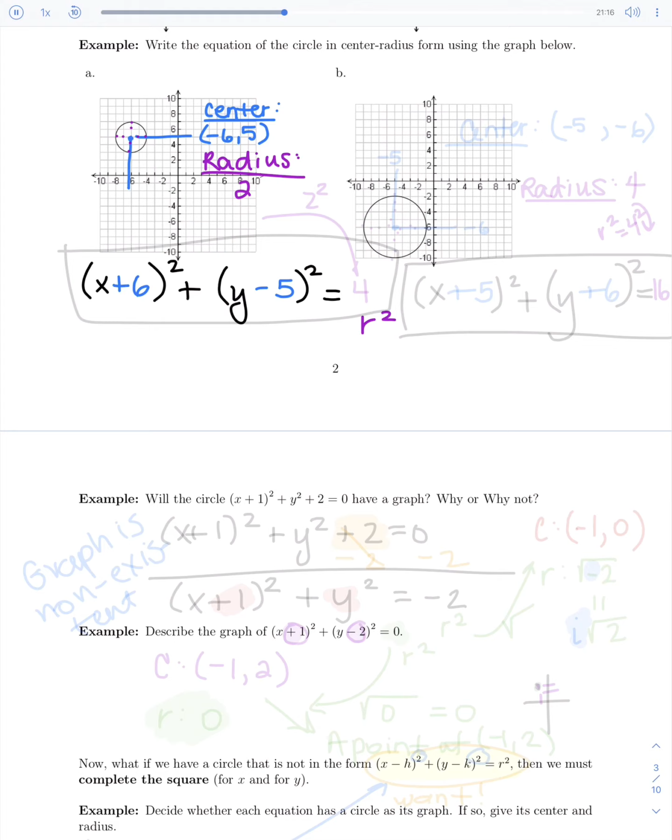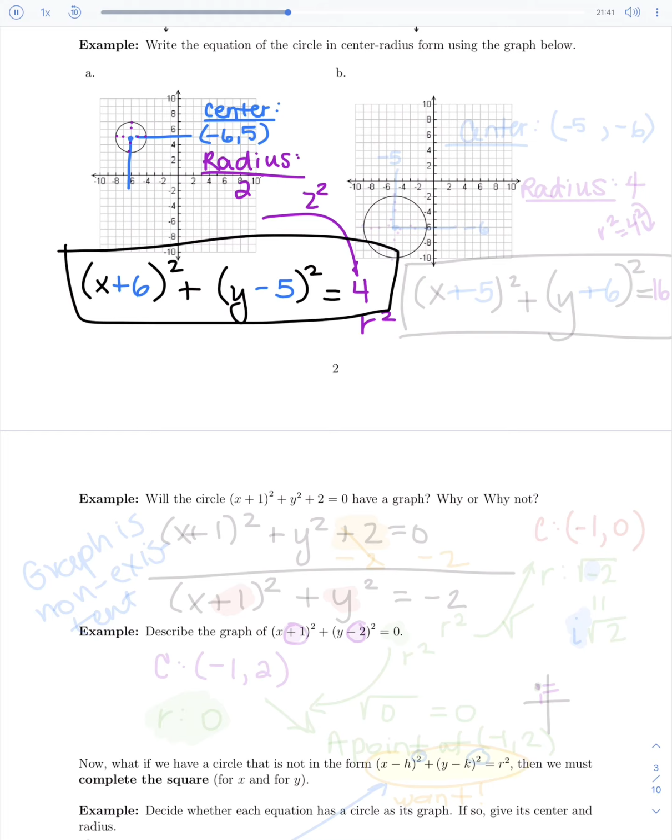So my radius is 2, so I actually have to do 2 squared, and do the math. It gives you 4. So there's my equation for my circle based on the picture. It's x + 6 squared plus y - 5 squared equals 4. And we're done. Let's take a look at one last one.